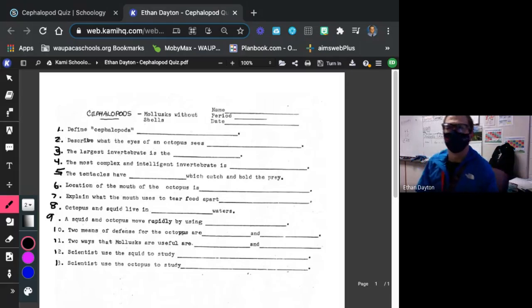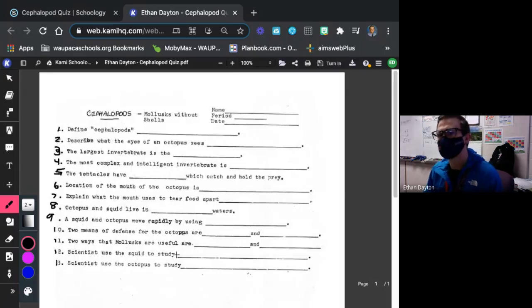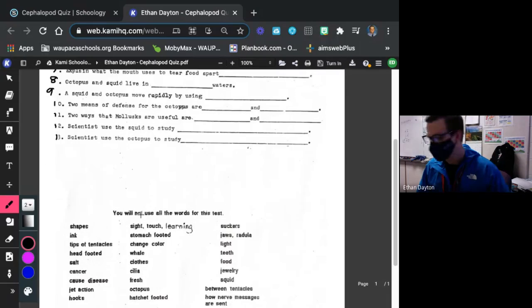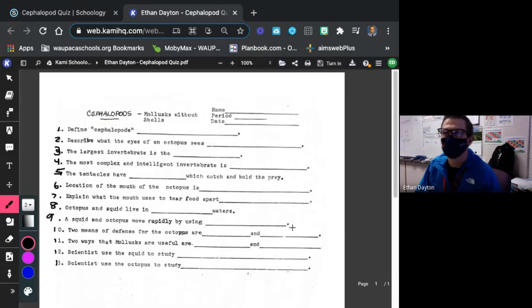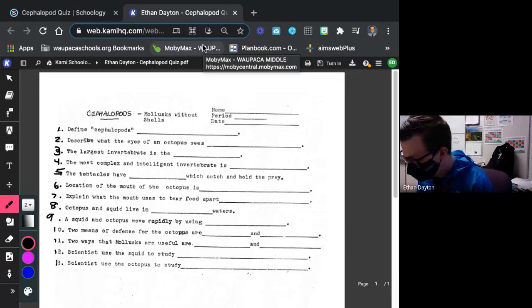Maybe. All right, number 1 is define cephalopoda. What does cephalopoda literally translate to? So go down here and tell me what it translates to. Remember cephalo and pod. Cephalo and pod.